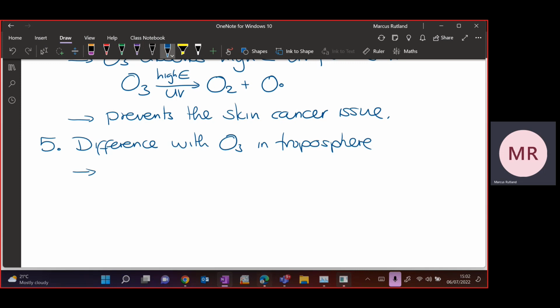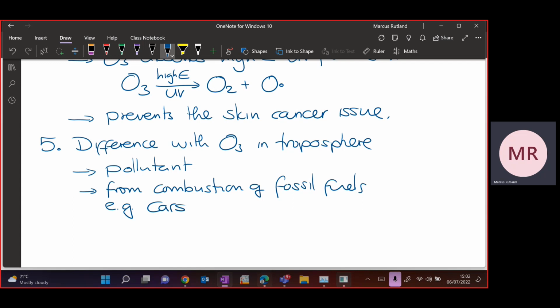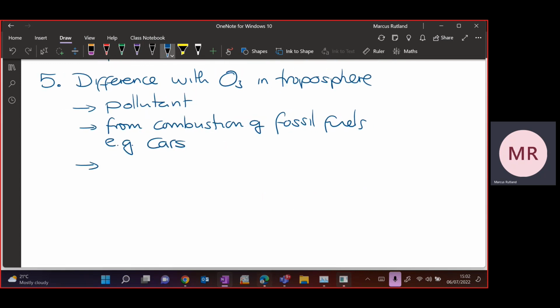And you should say that in the troposphere, O3 is a pollutant, and it's from combustion of fossil fuels, significantly, e.g. cars. Don't just say combustion of fossil fuels. Generally they don't just pour out petrol and set fire to it. So actually link that to a human activity.